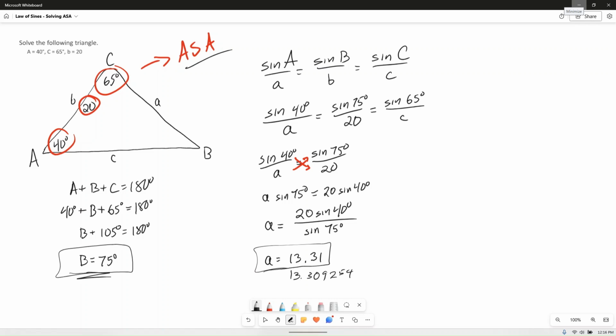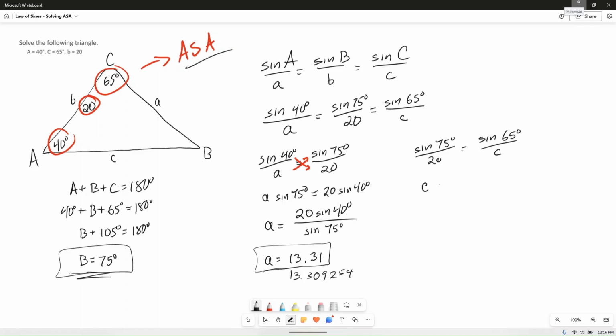The only other thing we need to find is side C. So to find side C, again, use the fraction for angle and side B, and then use C's fraction. So we're going to have the sine of 75 degrees over 20 is equal to the sine of 65 degrees over side C. Cross multiply.